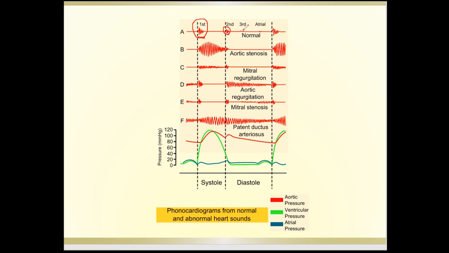Even normally, our blood flowing may still make some small sounds, but it's not that clear. Some people you can hear it, some people you may not, but it still belongs to normal. We may have a third sound, and we also can hear some even smaller sounds that come from the atrium.